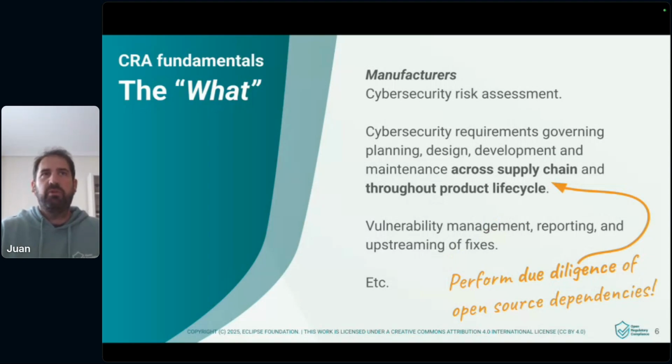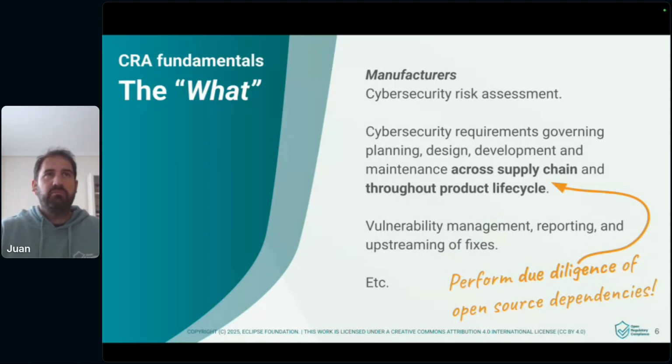It means that you actually need to perform due diligence of open source dependencies. This is an important change because traditionally open source was just get from the projects and put in your products, consume, and that's it. Now this is something that the CRA is asking to improve and update to create a more sustainable ecosystem.